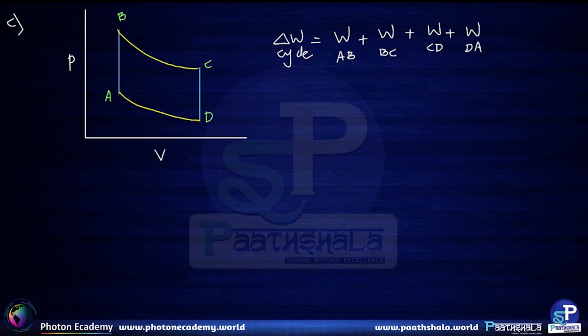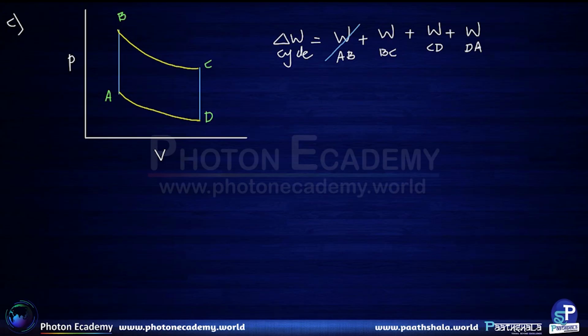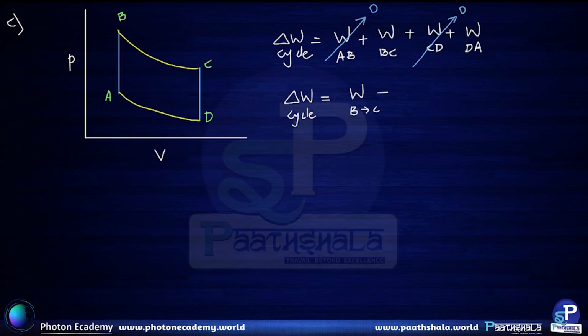As we have already seen, work done in paths AB and CD are going to be 0. So these terms are going to be 0, and we are left with delta W of cycle equal to work done in going from B to C plus work done in going from D to A.